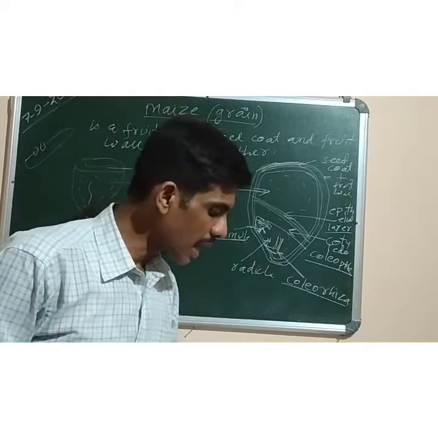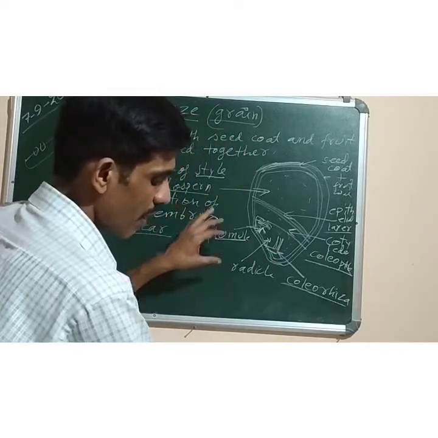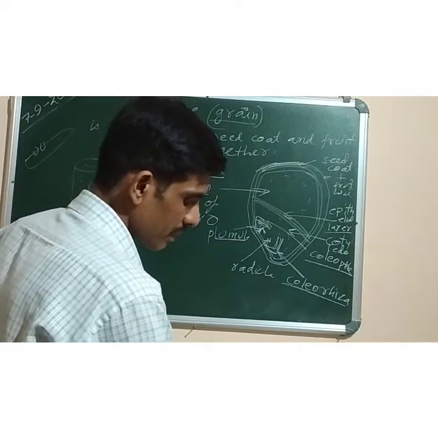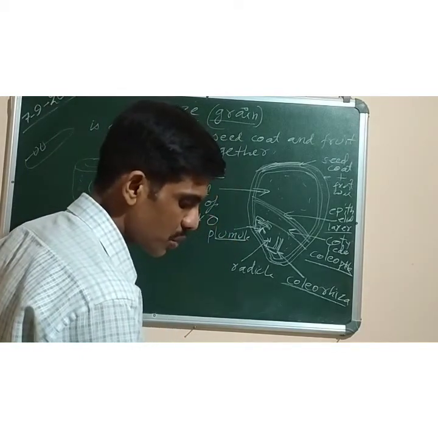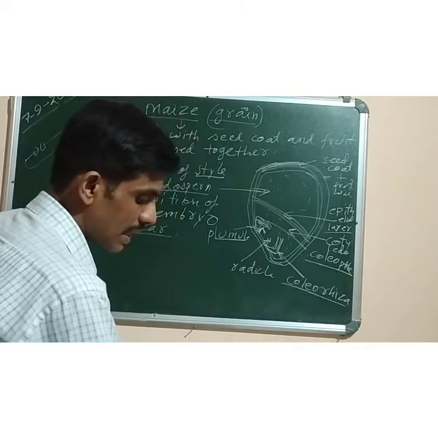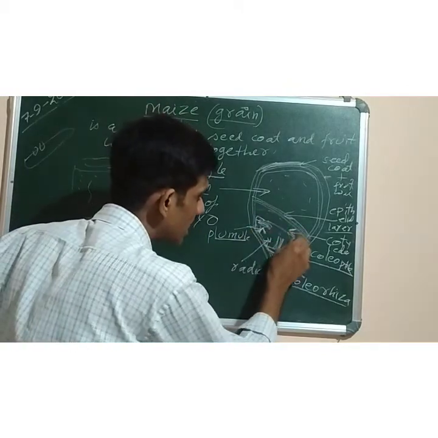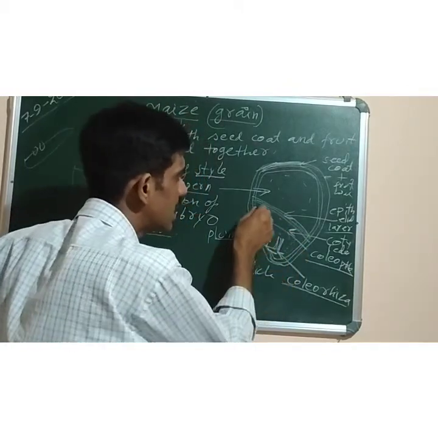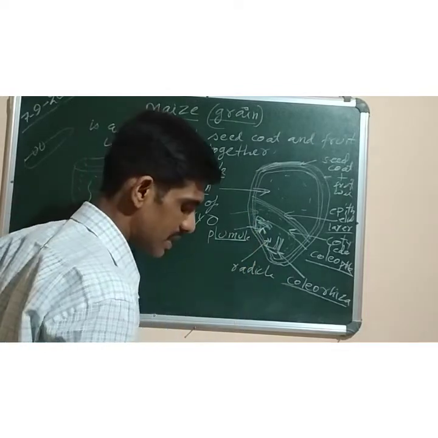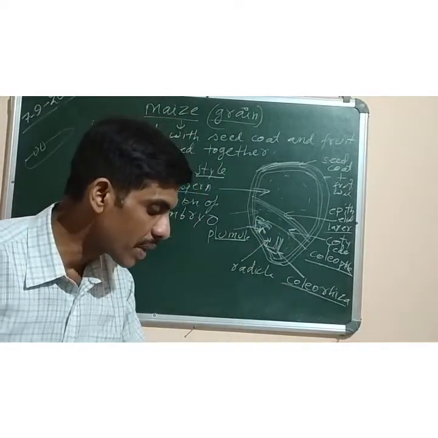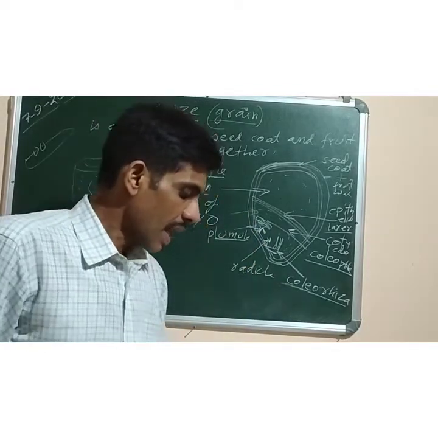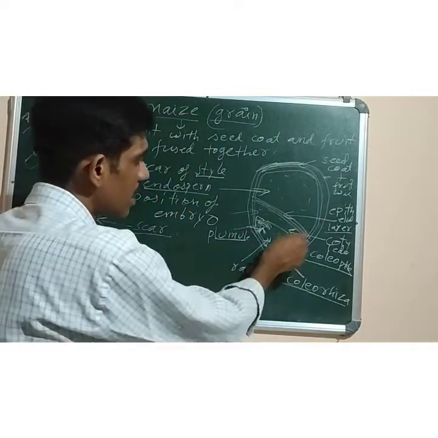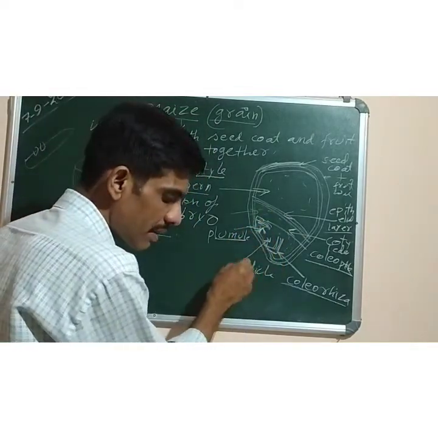And then the embryo consists of a single cotyledon which is known as scutellum. So what is scutellum? It is the name given to the cotyledon part of the maize seed. Only a single one is there. And this scutellum consists of plumule and the radicle.